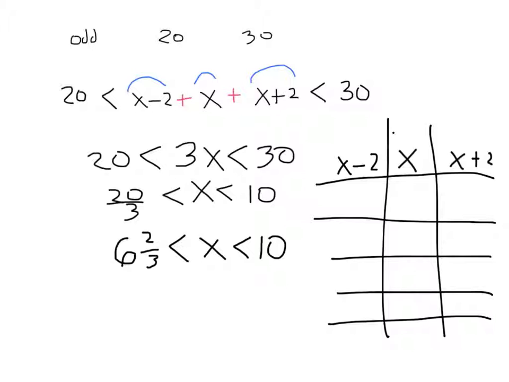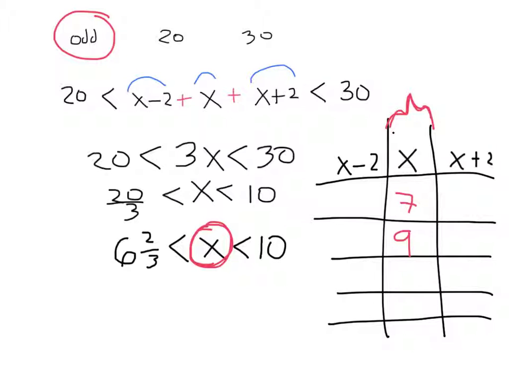Now, focusing only on the x column, because that corresponds here. Okay, so this is the x column corresponding with this thing. Now, x is all the odd integers between 6 and 2/3 and 10. Well, what is that? That would be, and I'm going to do it in red, 7, that would be 9, and guess what? That's all there is to it.